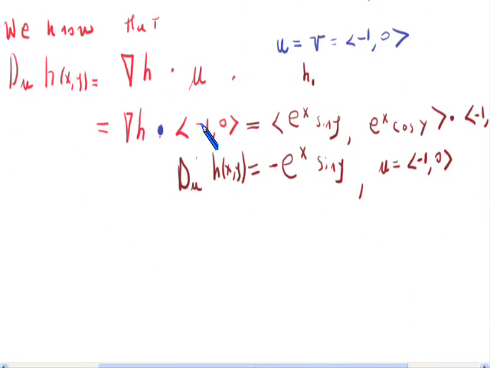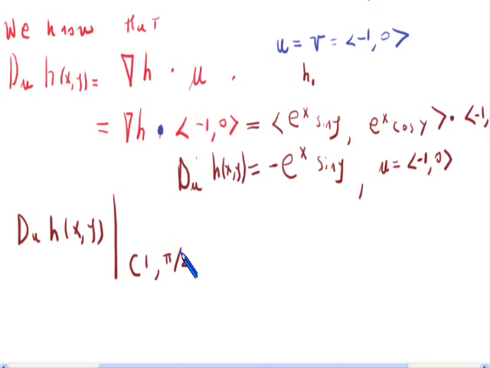Alright, so now the problem also asks for what this is equal to evaluated at the point 1, pi over 2.